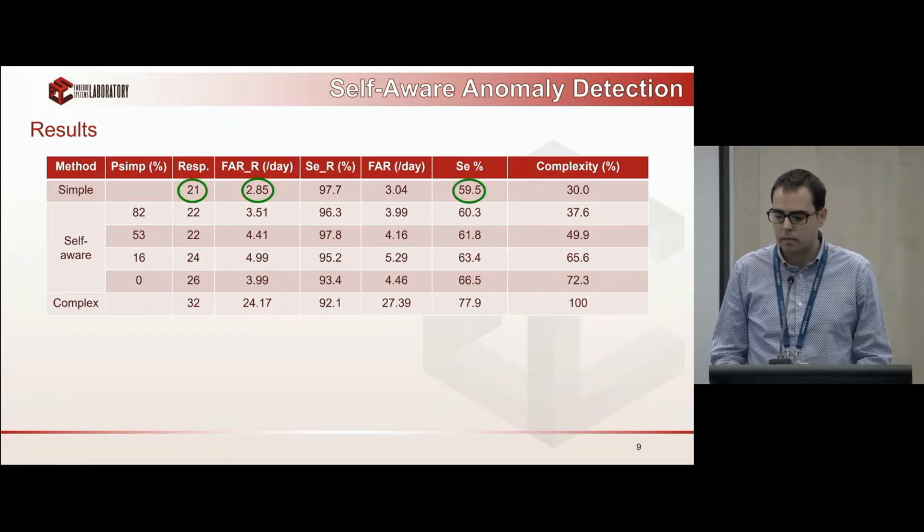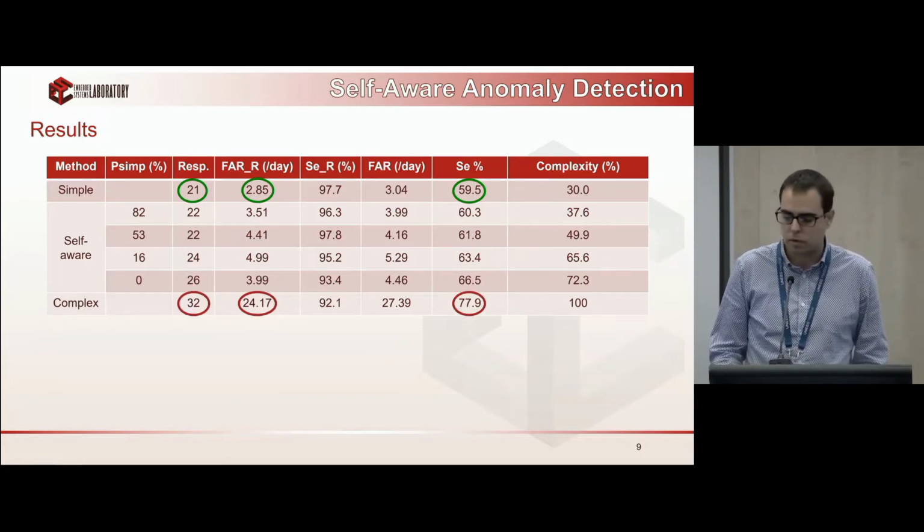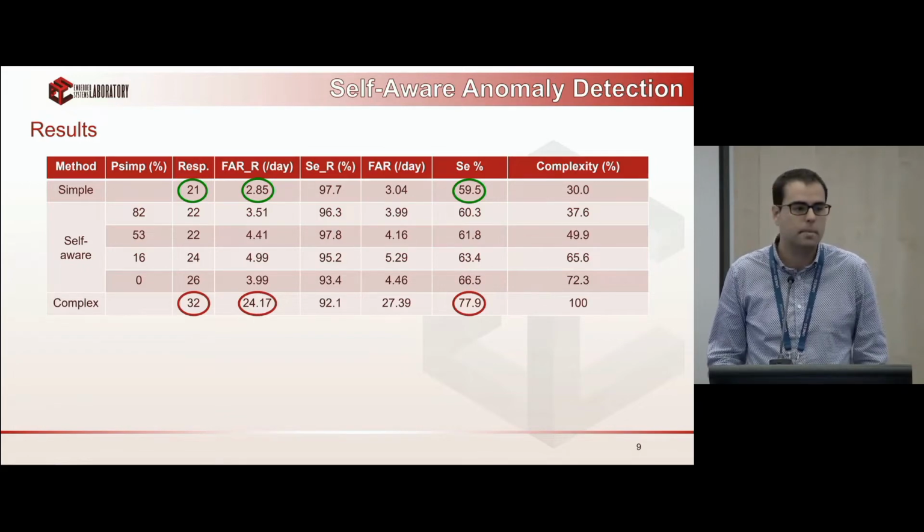On one extreme, we can get more or less half of the patients as responders with a false alarm rate around 3 per day, and the total sensitivity is 59.5. On the other extreme, we can get 32 responders, but the false alarm rate is 1 per hour, and the total sensitivity is 77.9.